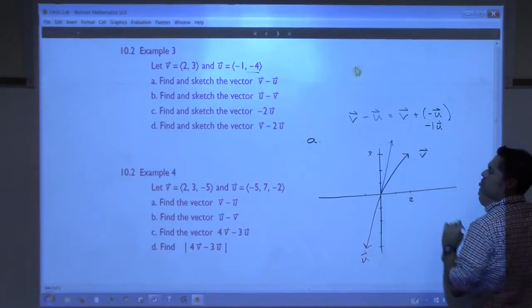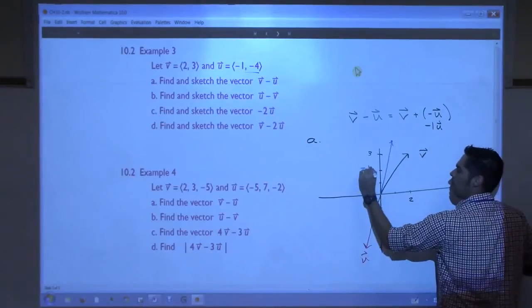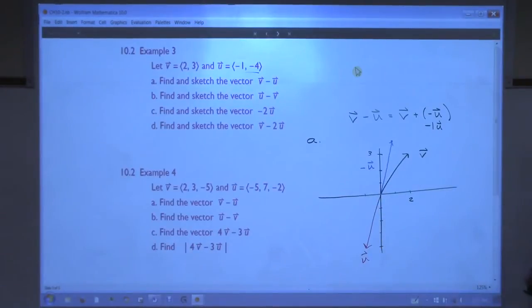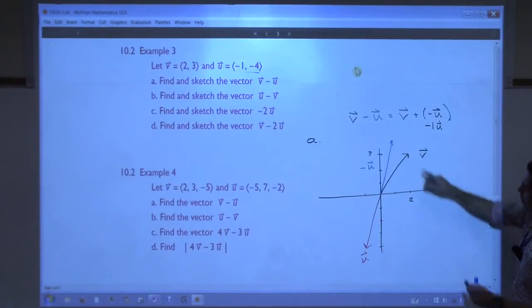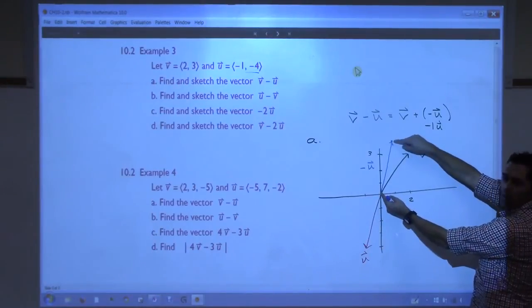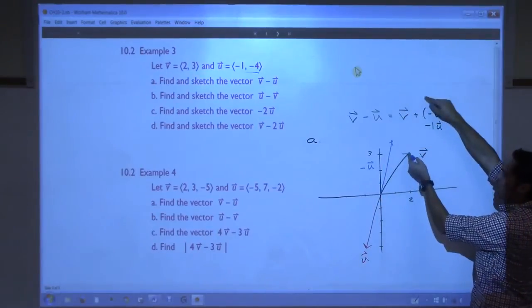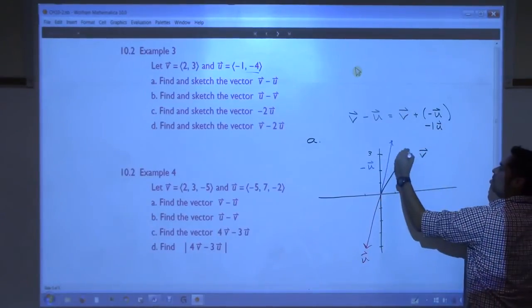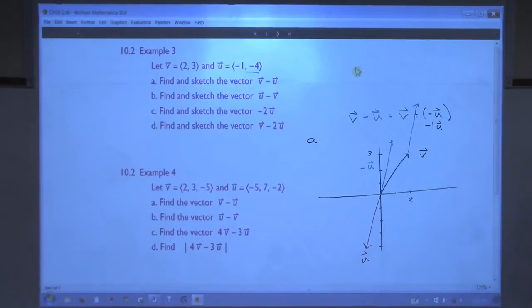That's the vector, the blue there is the vector -U, right? Now take V, take the tip of V, and paste the tail of U, or -U, onto it. So I'm going to bring it up and over like that. Go with me?